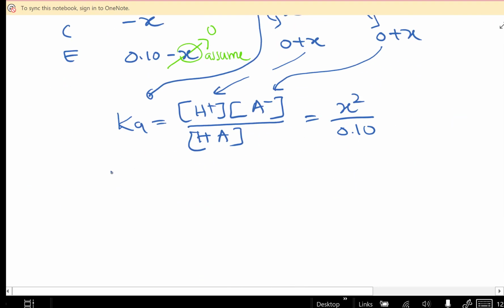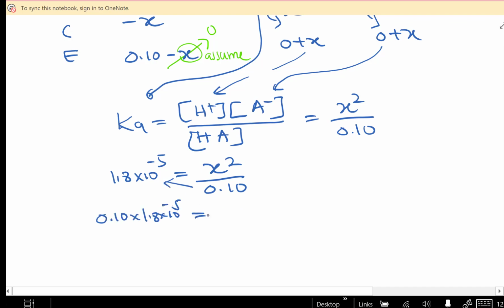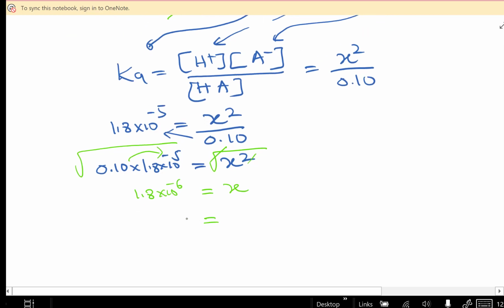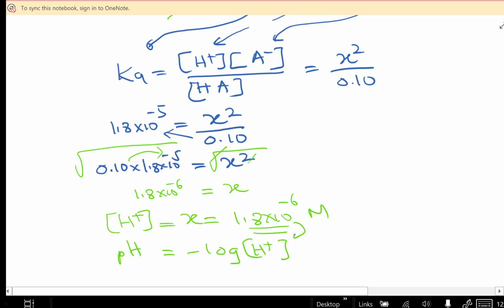Now Ka, copy the Ka value, and x squared over 0.10, cross multiplication, take the root to get rid of the x squared. Now you get the x value, right? So x value is H plus, so that means we can take the minus log of that one. pH is minus log of the H plus, plug it in, voila, you get the pH.